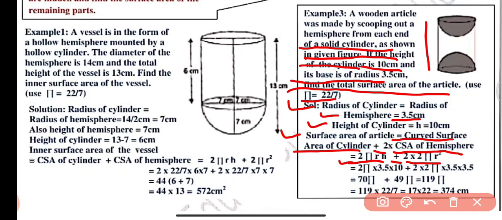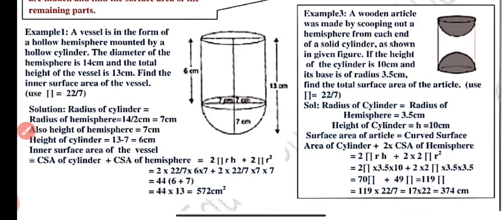So this will be 4 pi r square. So now take common 2 pi r, or you can put values directly. So after simplifying we will get 374 cm square as the area of article. Keep in mind 374 cm square will be the area of wooden article.